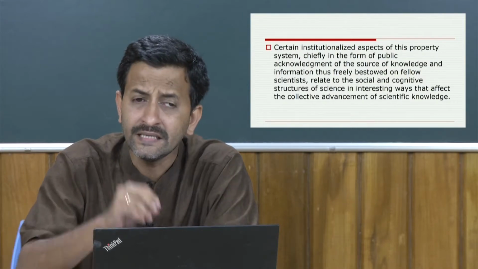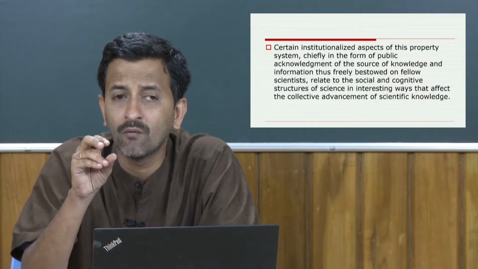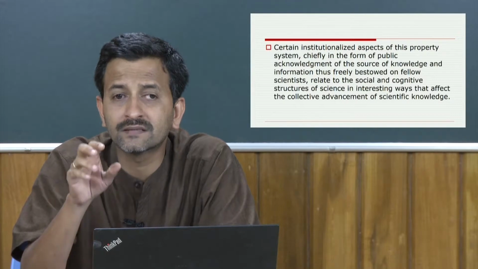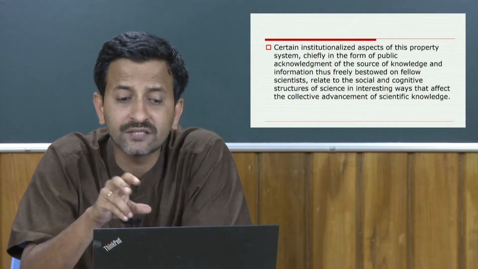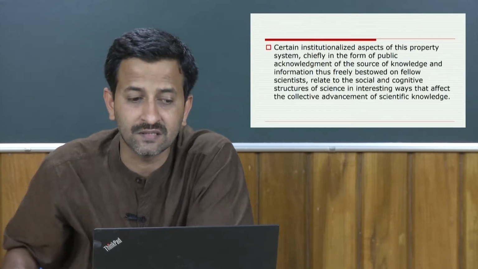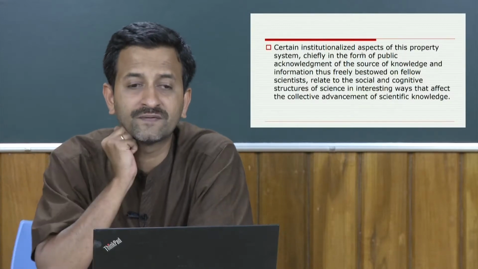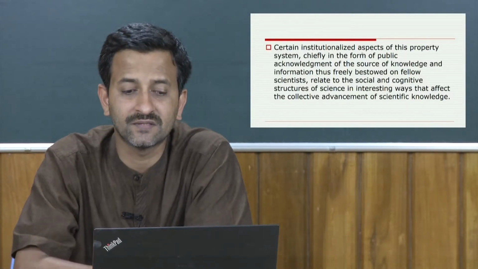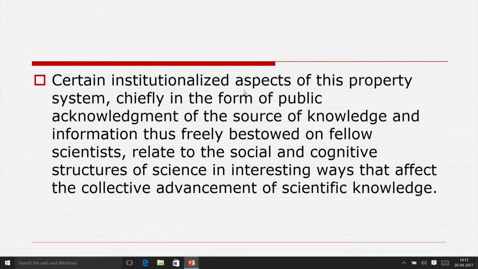In such a scenario, we generally find that certain institutionalized aspects of this property system, chiefly in the form of public acknowledgement of the source of knowledge and information thus freely bestowed on fellow scientists, relate to the social and, second, cognitive structures of science in interesting ways that affect the collective advancement of scientific knowledge.